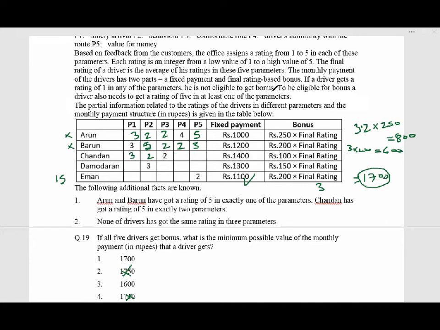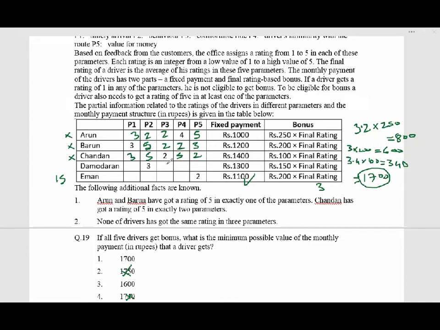Chandan has 5 in 2 parameters. No way. So 1, 2. Chalo 1, 3. And how much total is he getting? 10, 14, 17. 17. That means average is 3.4, in 200, 340. Bonus is low, but his base is high. 1740. Cannot go below 1700.